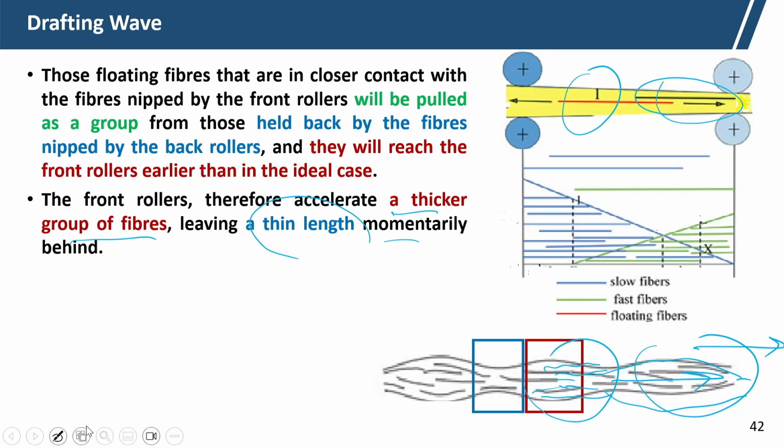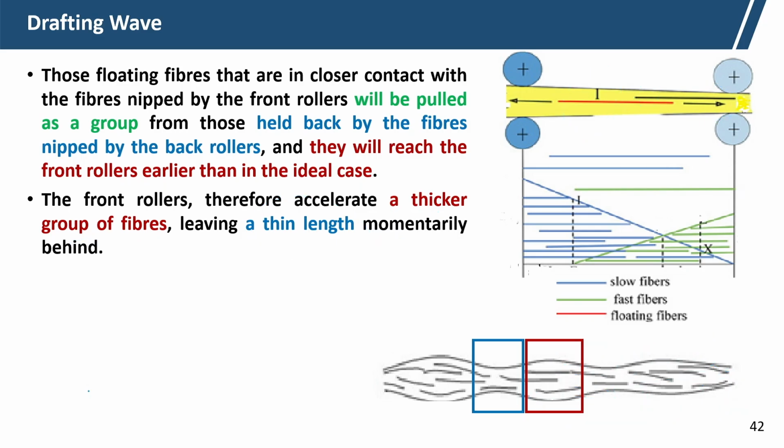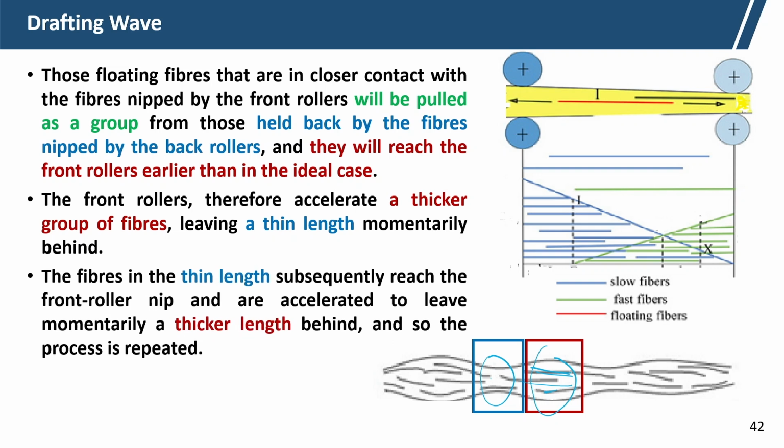So, we can see here that a thick place is generated, and as more fibers have moved to this place, behind that there will be fewer fibers. The fibers in the thin length subsequently reach the front roller nip, okay, and are accelerated, leaving momentarily a thicker place.